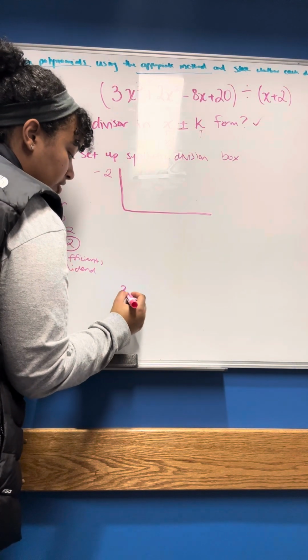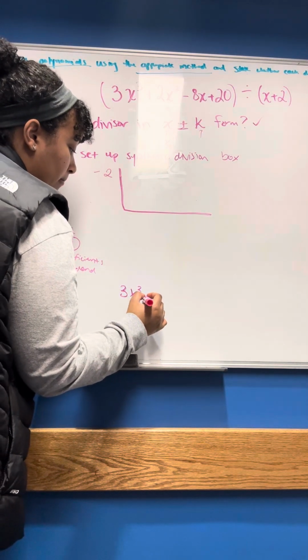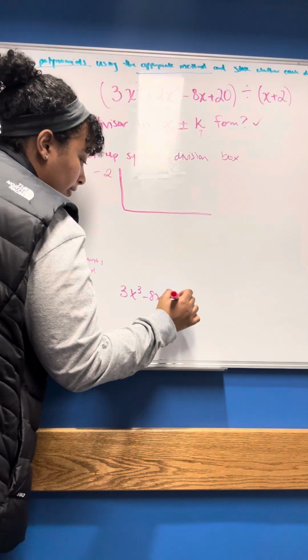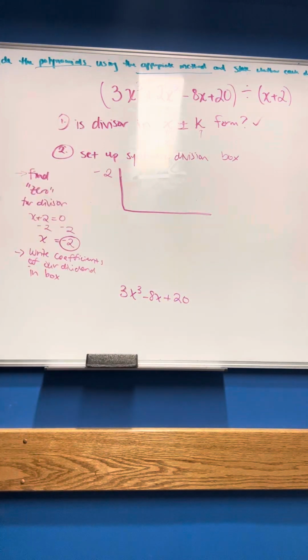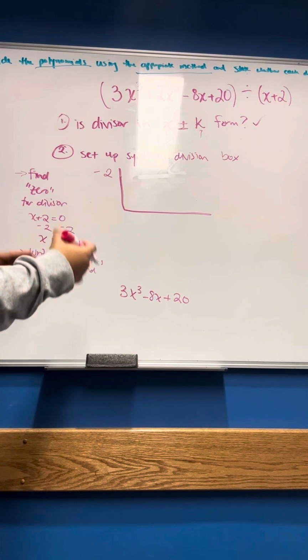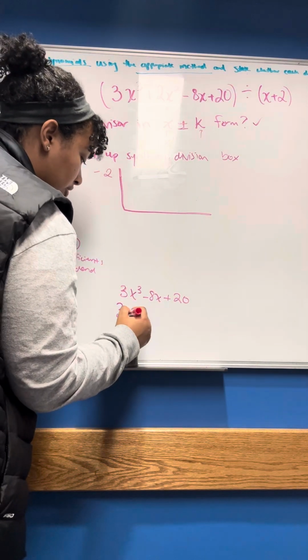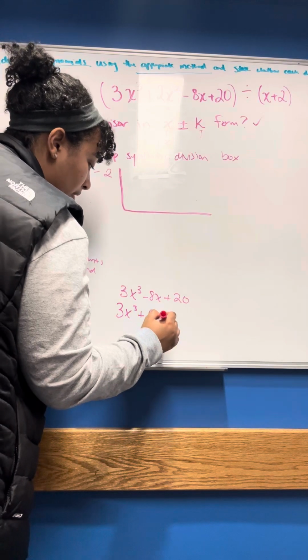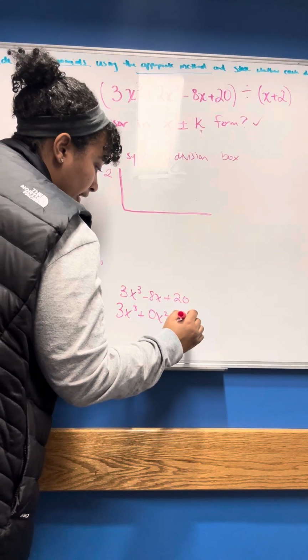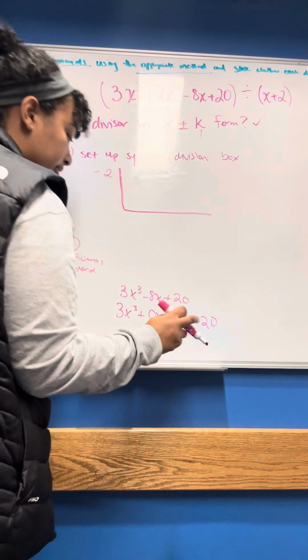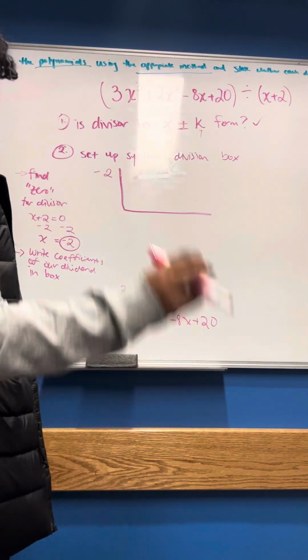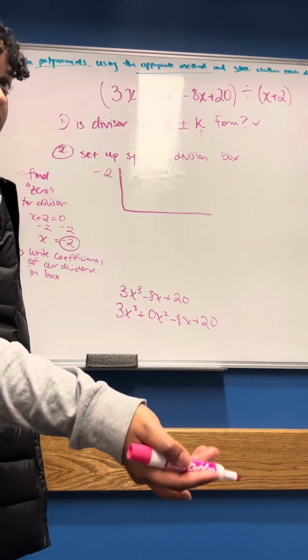If our dividend was just 3x cubed minus 8x plus 20, the coefficient for the x squared term would be 0, because 3x cubed plus 0x squared minus 8x plus 20. Let's look at this. 0 times x squared. 0 times anything is what? 0.